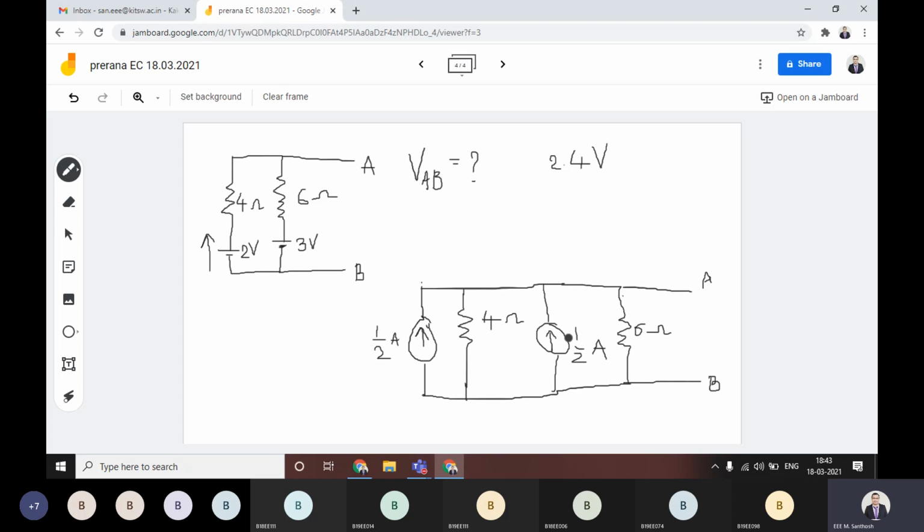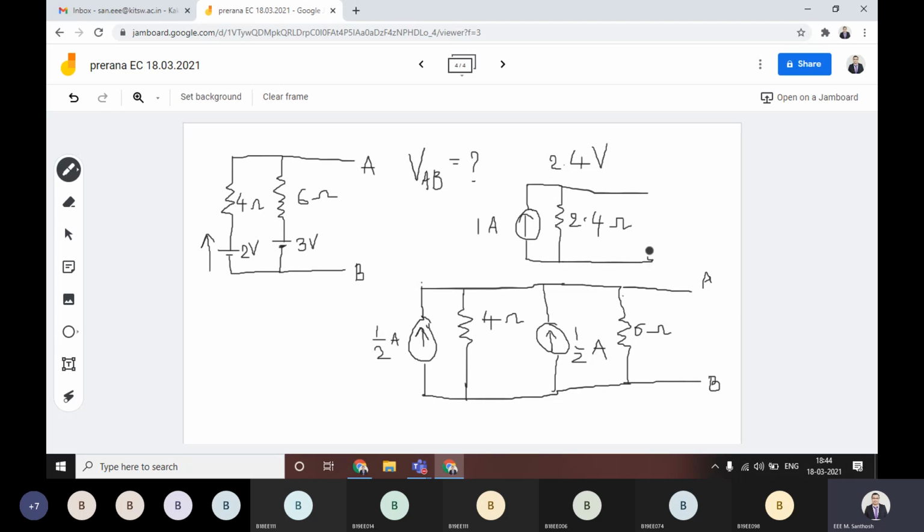Then two currents in the same direction you can add. That means 1 ampere. Only one source, that is equivalent to 1 ampere. Then you have two resistors, 4 ohm and 6 ohm, both are parallel. You can apply R equivalent for the parallel, that is, you will get 2.4 ohm.